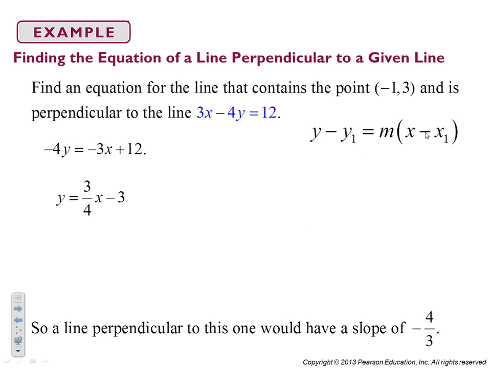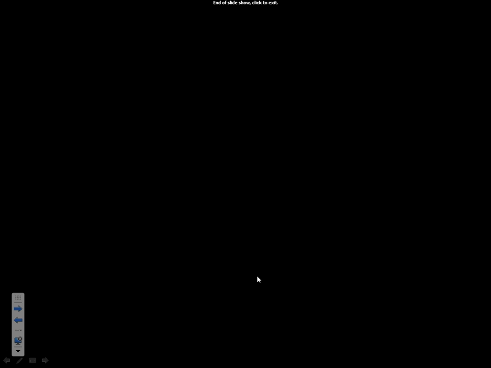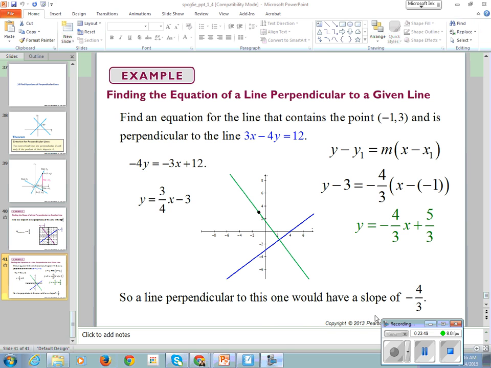Then we're going to plug it into our equation right here for m. We're going to plug 3 in for y1, -1 for x1. And we get the equation. Simplify it out. Add 3 to both sides. Got this. Perpendicular lines. And that's all for today's 1.1.